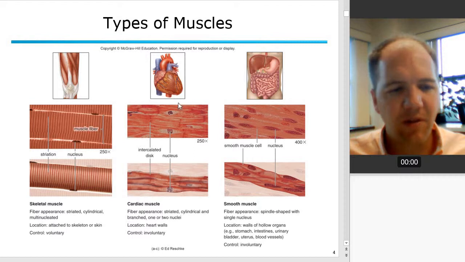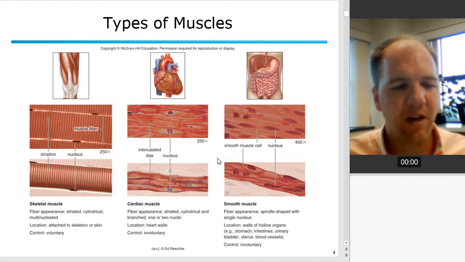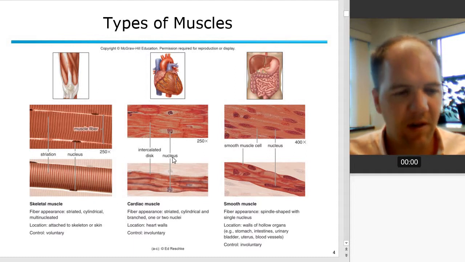The cardiac muscle is only found in the heart, with a single nucleus per cell, and these cells are branched and have intercalated discs. And then smooth muscle is spindle-shaped cells found in the walls of hollow organs and in vessels, and they have a single nucleus per cell. So those are the 3 different types of muscles and how they compare to each other. You'll want to know this comparison.